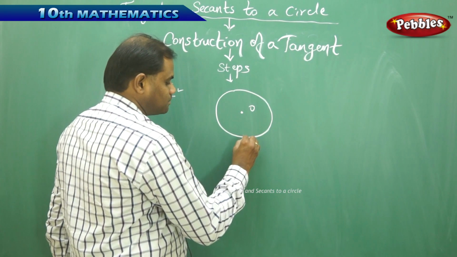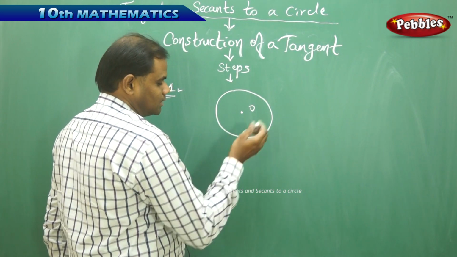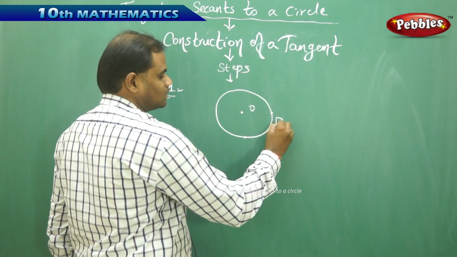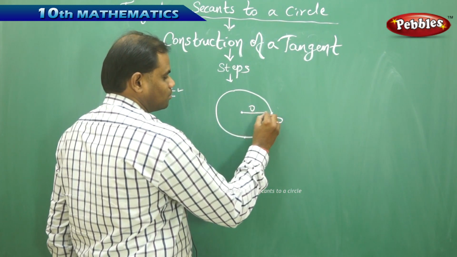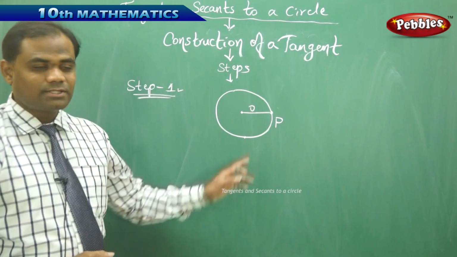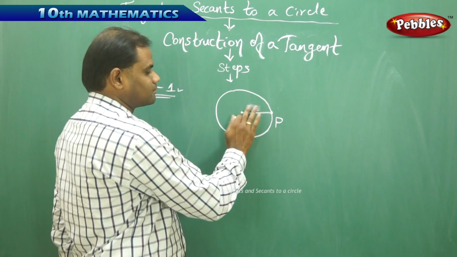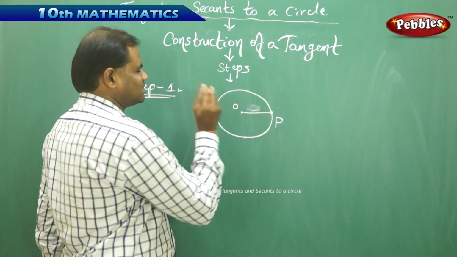Then I take a point P on the circle, any point P. Say for example, I take a point P on the circle so that I join OP. Clearly, OP is the radius which passes through the point P is how I get.